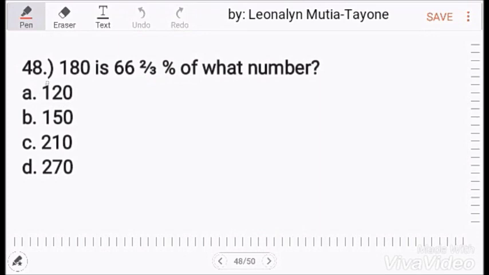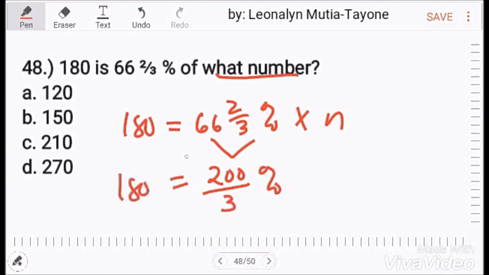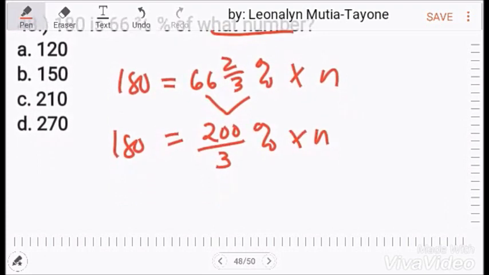C. Number 48. 180 is 66 and 2/3% of what number? So kopyahin natin si 180 is equals yan 66 2/3% of, multiplication yan, and let n be our number. Ito, 66 times 3, that is 198 plus 2 is 200 over 3% times n.